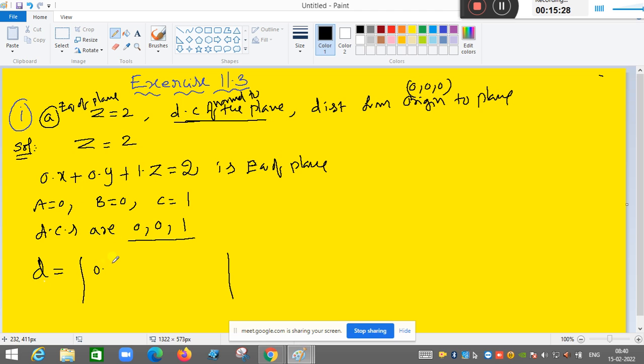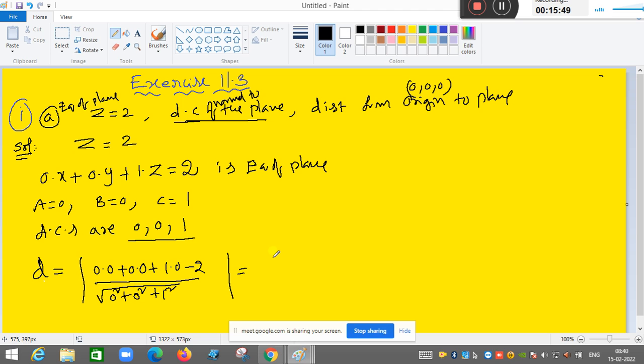So 0 into 0 plus 0 into 0 plus 1 into 0 minus 2, by magnitude of root of 0 square plus 0 square plus 1 square.